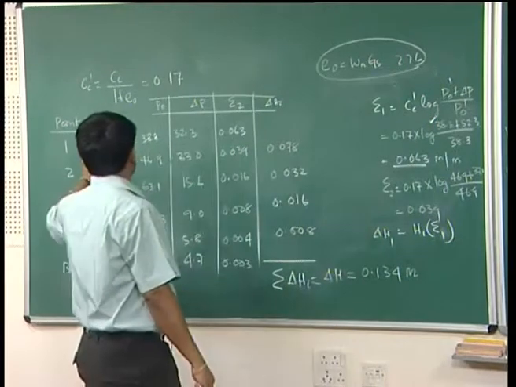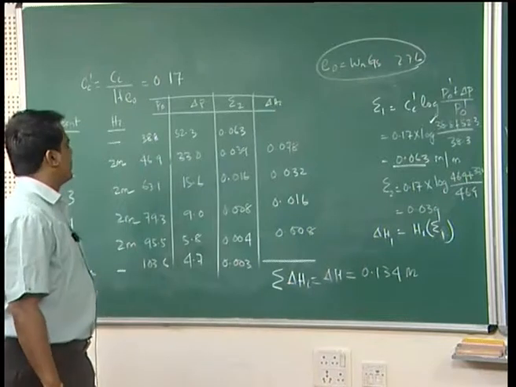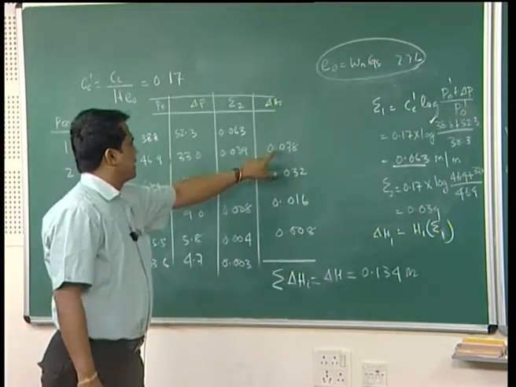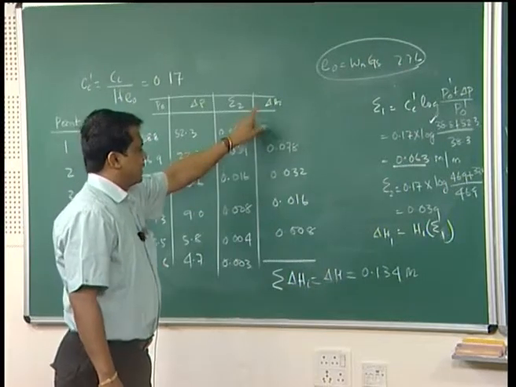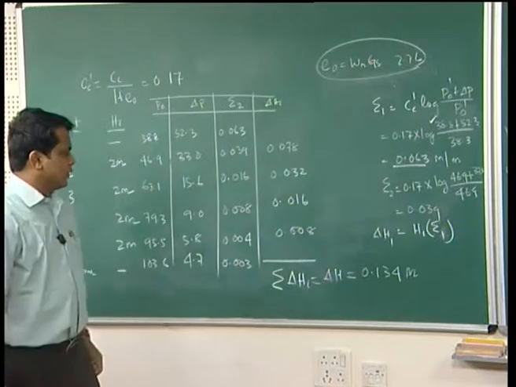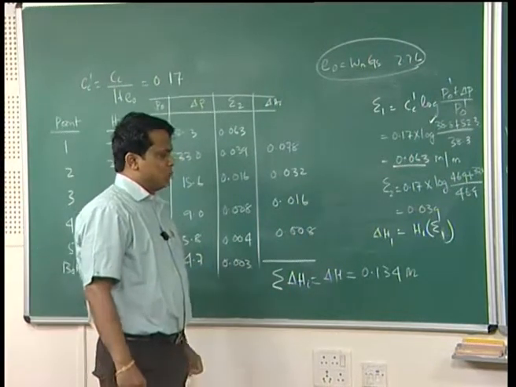In every case H is equal to 2 meter, so it is 2 into the change in strain. You calculate your strain, calculate your settlement, then add it. So, the total consolidation settlement will be 0.134 meter.